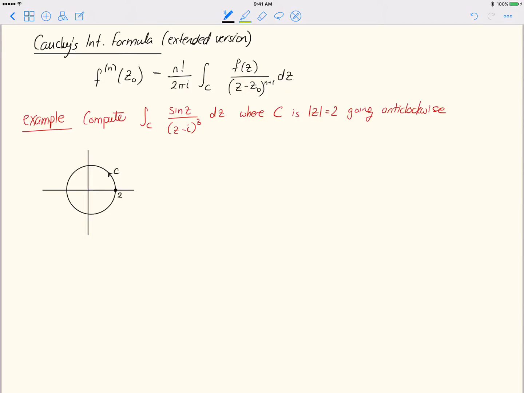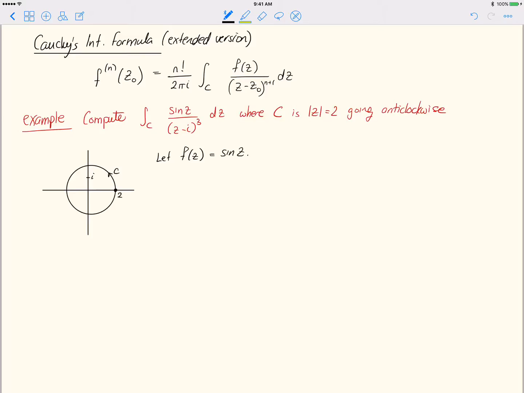Because on the denominator we have z minus z naught, and the function we have z minus i. So it's sort of clear we should take the interior point to be i, which is here, right? And we should let f of z equal sine z, right?